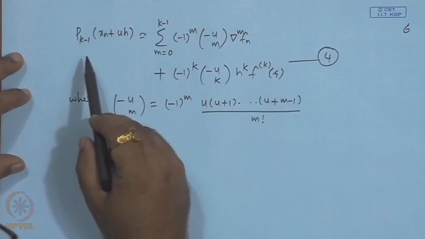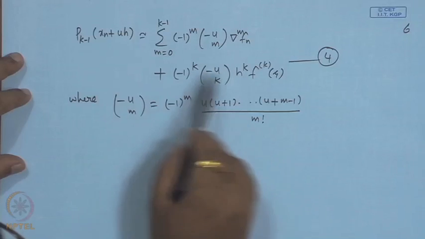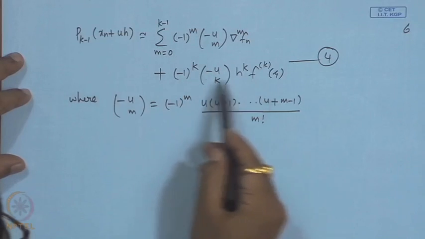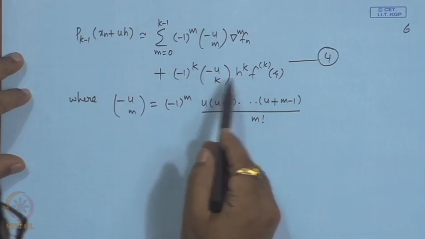So, what we have done is we have approximated and put it in a simpler form, and this is the remainder term.